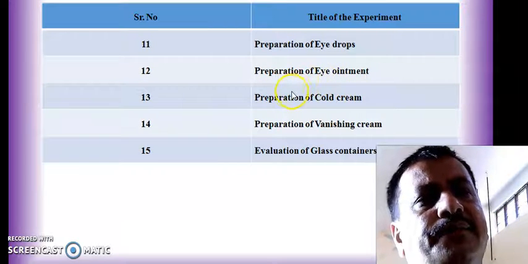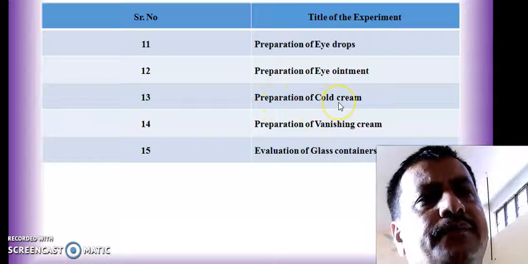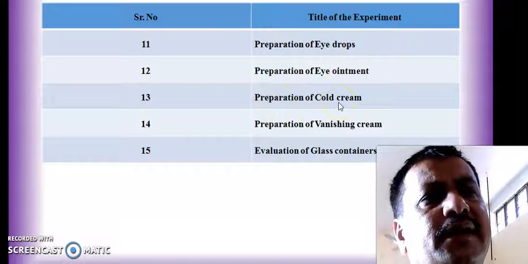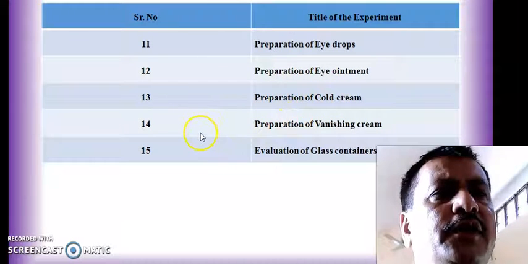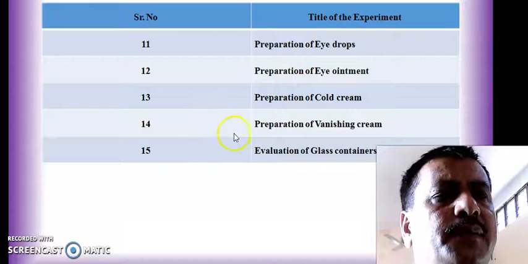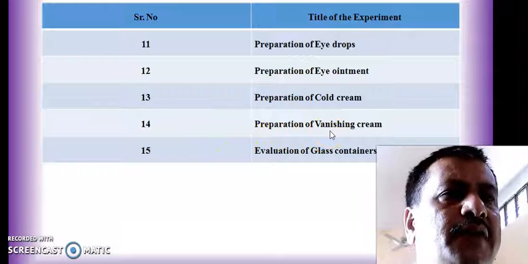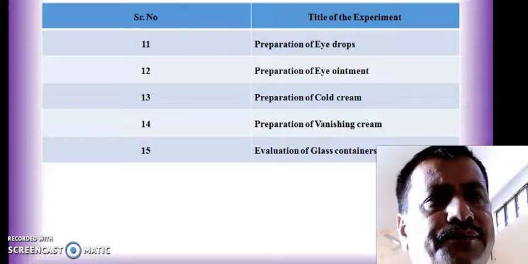Then we have some formulations from the category of cosmetics, in which we are going to prepare cold cream in experiment number 13. In experiment number 14, again from the class of cosmetics, we are going to prepare a vanishing cream and carry out evaluation tests on it.